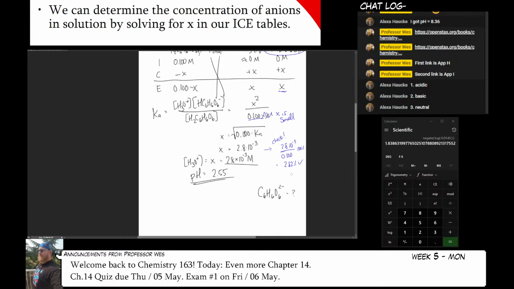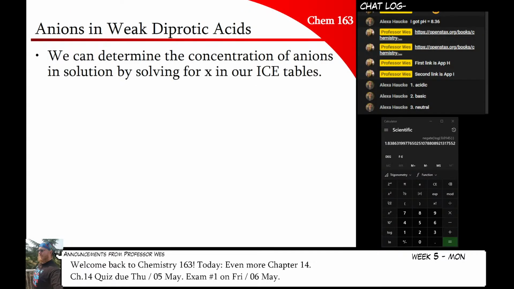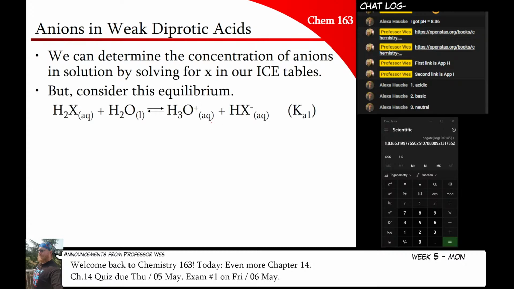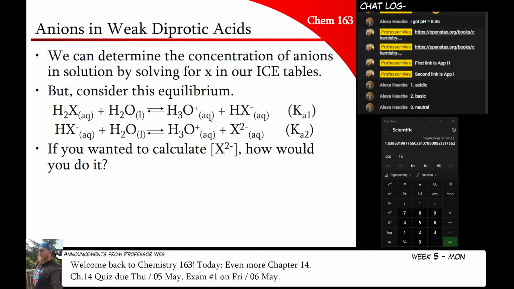Now, we would need a Ka2 for this, which we had. We could go back and look at it. But really, whenever you're doing an ice table, you can take the information from a first ice table and put it in the second ice table. So how would I do this?